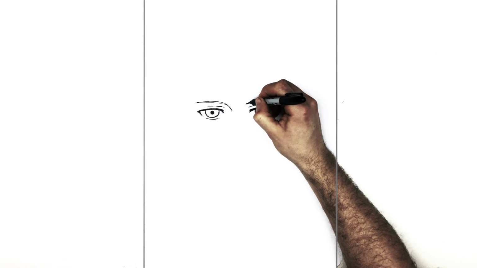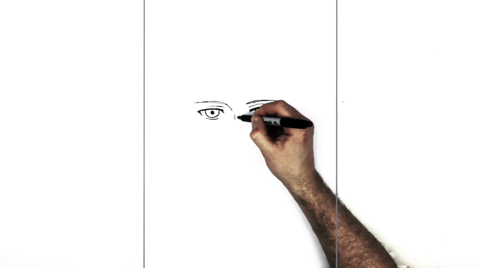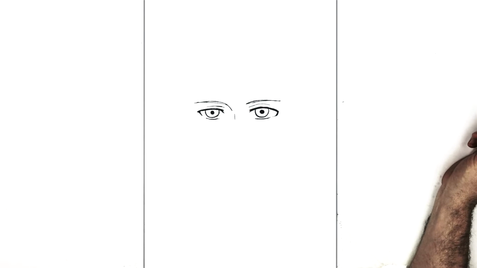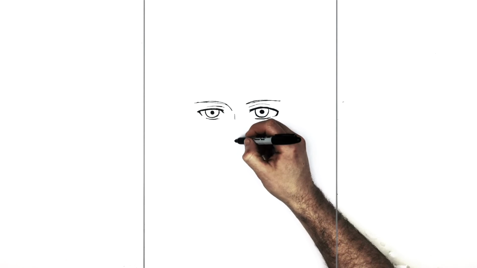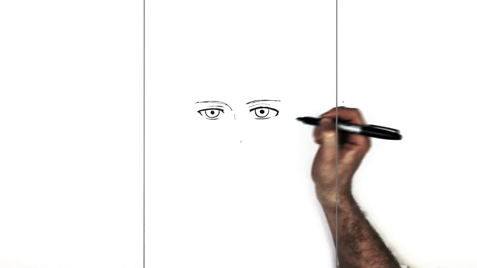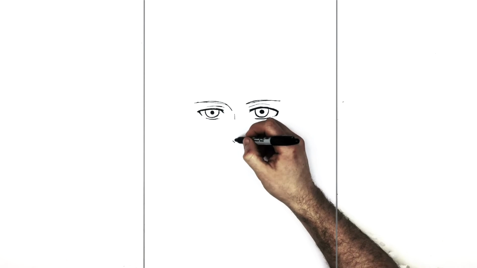Like so. So then his nose, so we have a line just down here. And then his nostril, so we have a nostril line here, and then another one here. And then maybe a little shadow area on this side of his nose. Real small.